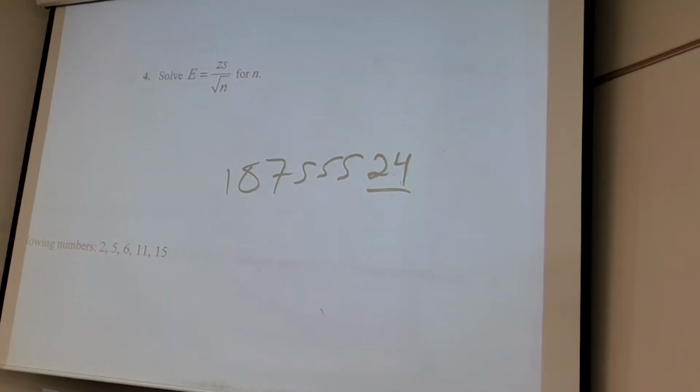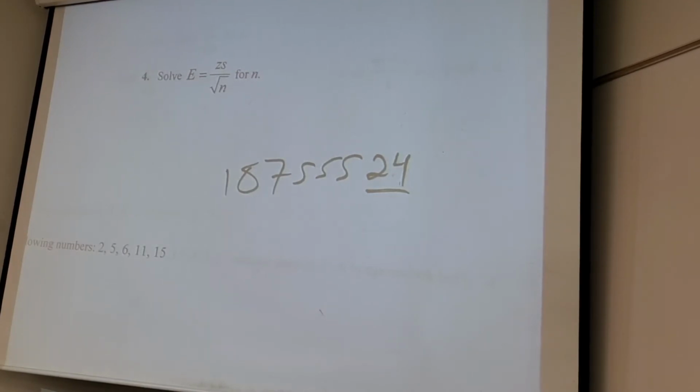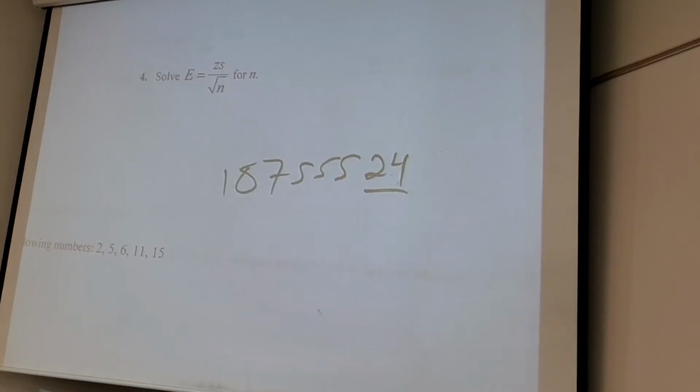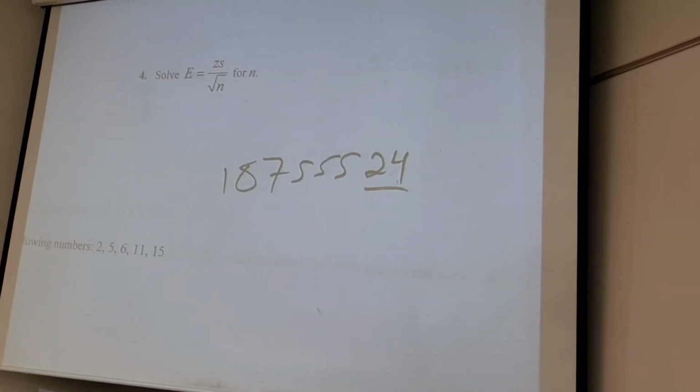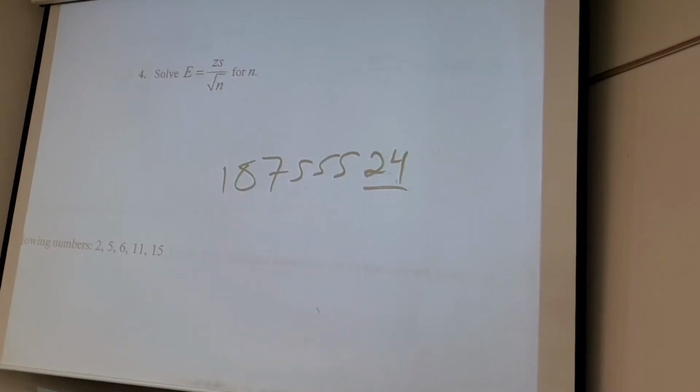Because if it's even, 2 goes in, and if 3 goes in, then both of them go in, so 6 goes in. Maybe too much, I'll stop there. But these are things that you should be a little upset about if you've never heard that at all.